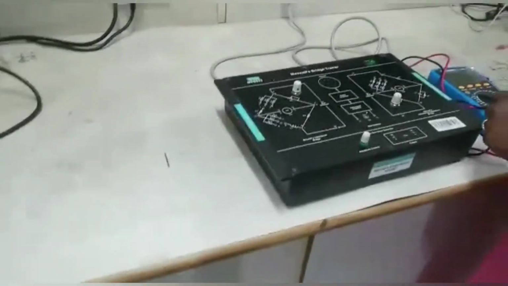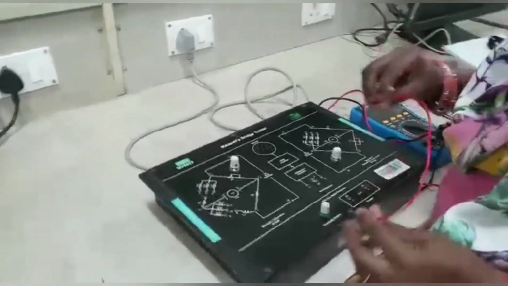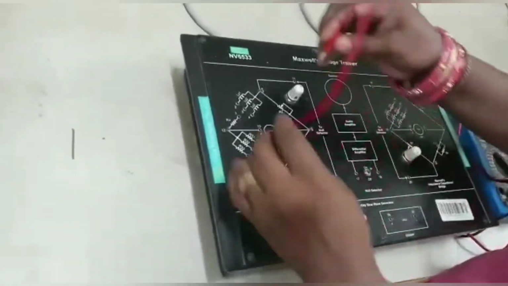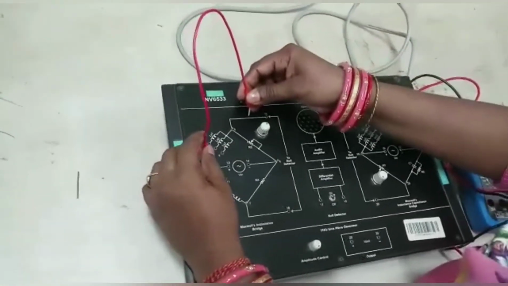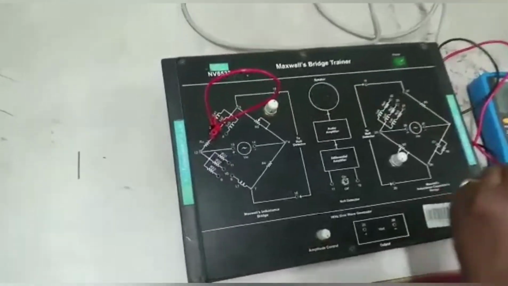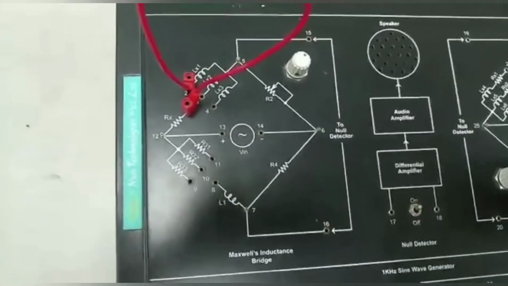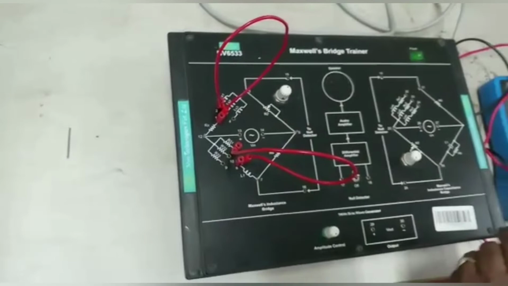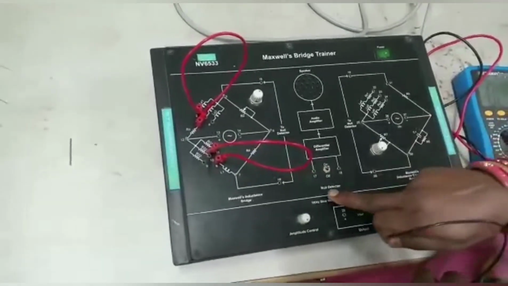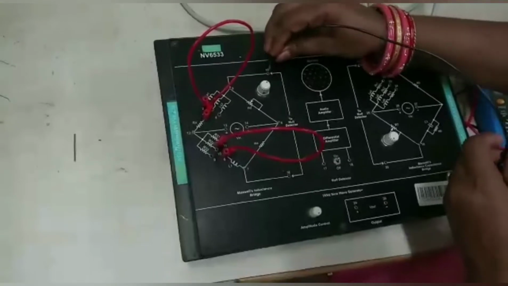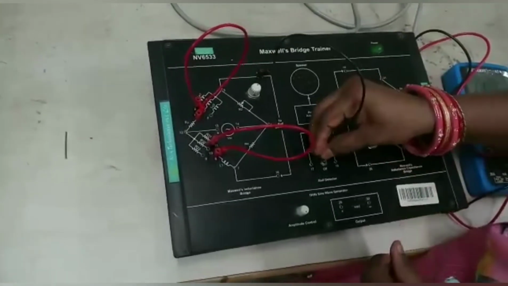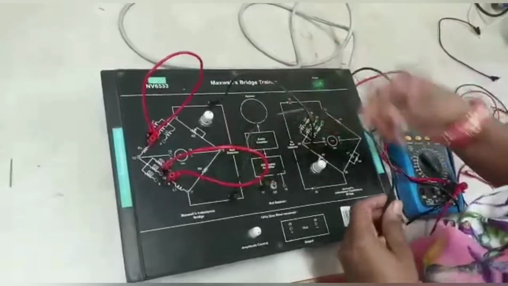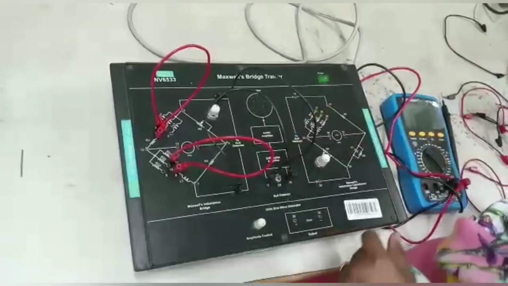Okay, now we are doing the experiment. So first, Maxwell inductance bridge. First we have to connect a patch cord from terminal 1 to 2 and take another patch cord and connect from 8 to 11 terminal, and next connect the null detector by using terminals 15 and 17, and next take another patch cord, connect 16 and 18 terminals.